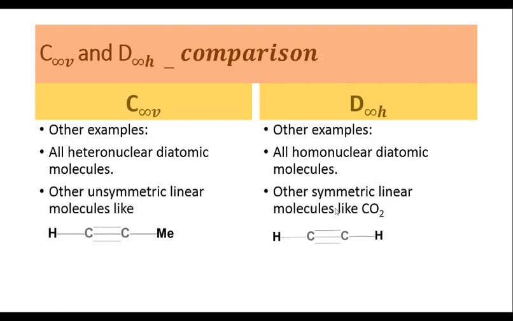Whereas D infinity h applies to any homonuclear diatomic molecule like H2, O2, N2, Cl2, Br2, I2, etc., and other symmetric linear molecules like CO2, carbon dioxide, where the two oxygen atoms and the carbon atom are present in a straight line, and acetylene is another linear symmetric molecule where both ends are similar. Then you will have D infinity h, otherwise you will have C infinity v.